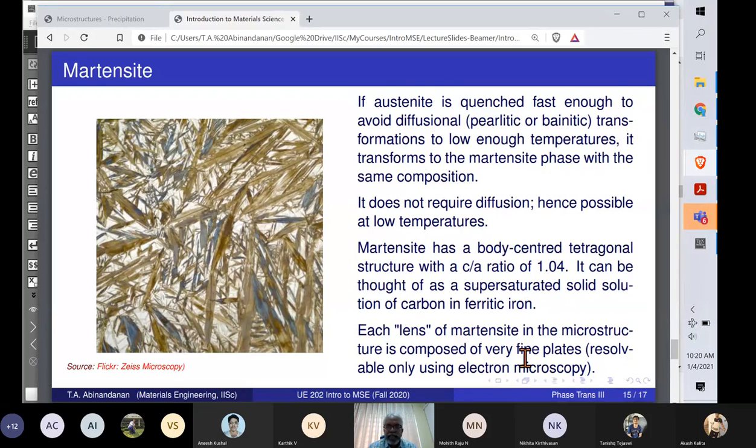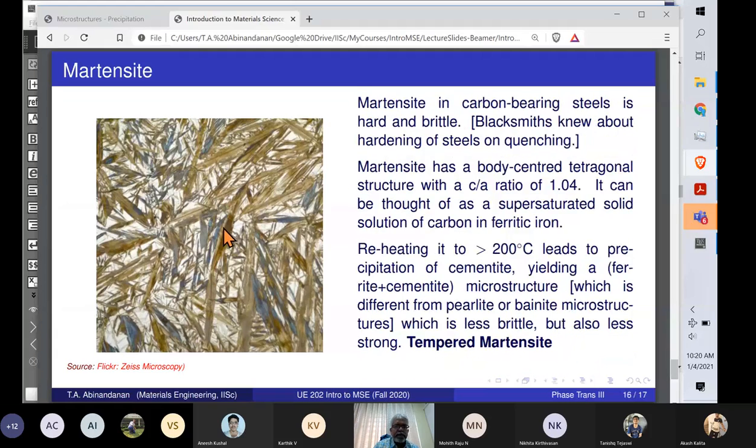Each lens of martensite, using microscopy, people have found is actually composed of extremely fine plates, which can be resolved only using electron microscopy. This is an optical microscope figure, and each of these is composed of hundreds of these extremely fine plates.